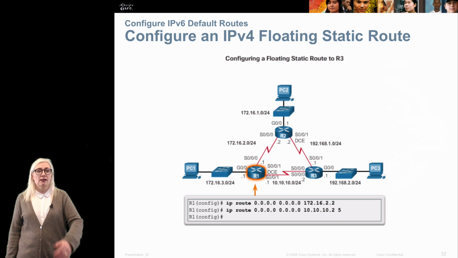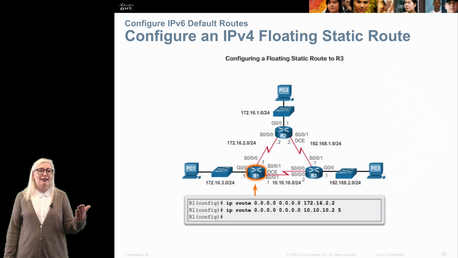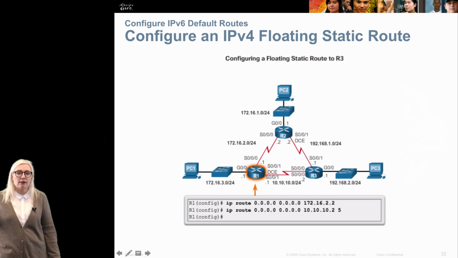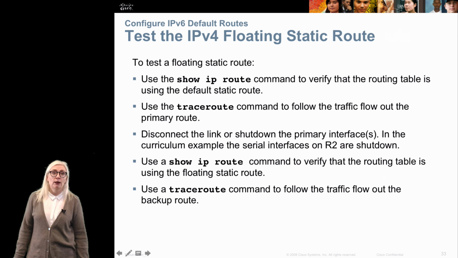So here, for instance, if I want to have a backup route to my default network, then the second statement here is the backup because I have an AD of 5. The administrative distance here is set to 5. And the default for a static route is 1. So it will always prefer this one, but if this one goes down and we are not able to send traffic this way, it will choose this one here as my backup route.